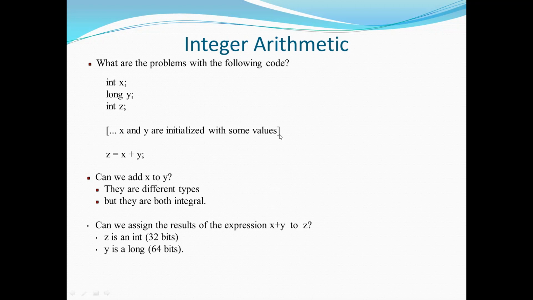For example, we are considering that x and y have some values, and we are performing this operation, that z will store the value x plus y. The question is, can we add x to y?